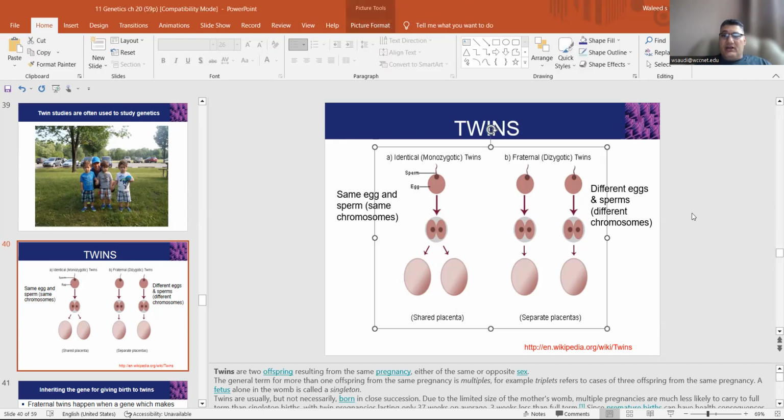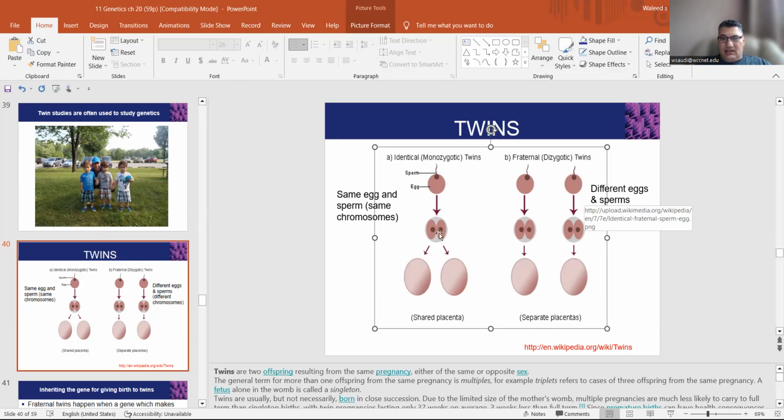Because there are millions of sperms, if the female produces two eggs at the same time, a sperm will fertilize one, another sperm from all these sperms available around will fertilize another egg, and you end up pregnant with twins that are not identical because it's two different eggs, two different sperms.